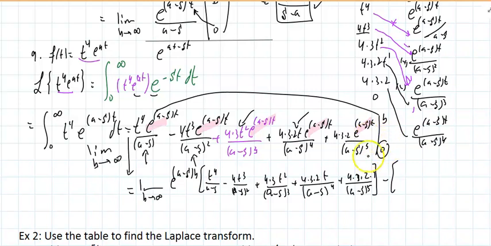The only piece left would be 4 times 3 times 2 e to the 0 divided by (a minus s) to the fifth.